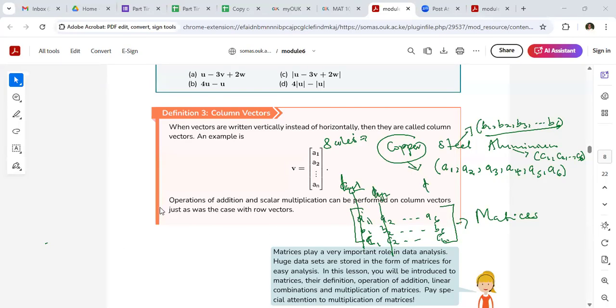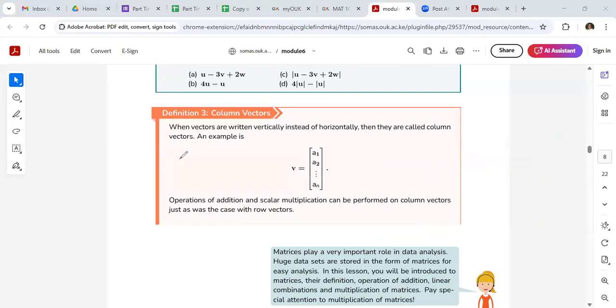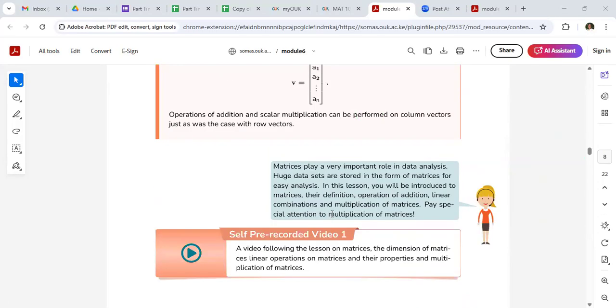So matrices provide an easier way of data representation, and they play a vital role in data analysis, because if you're to define your model, you need a representation of the data under consideration. Mathematics is at the core of modeling or any computational methods, so we must find a way of representing our data.